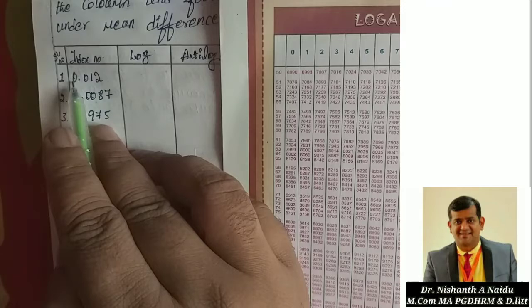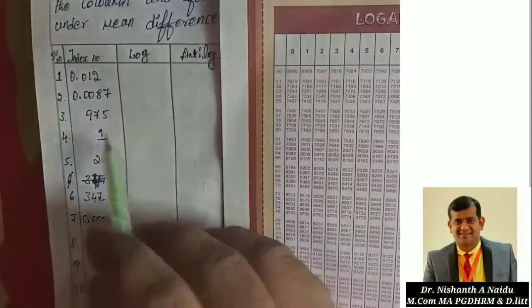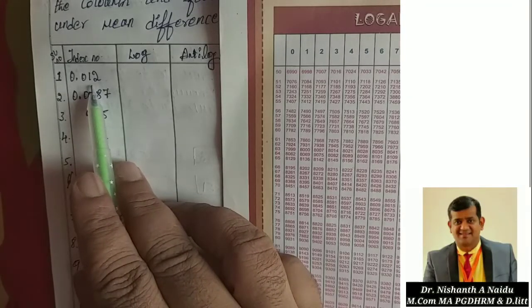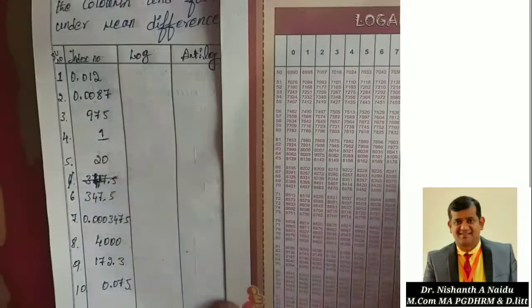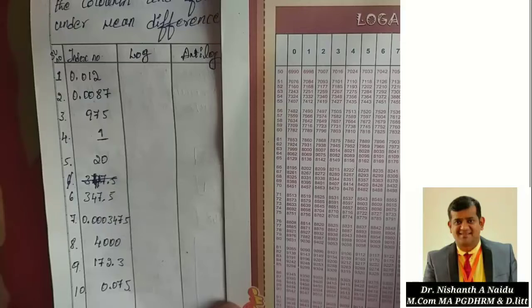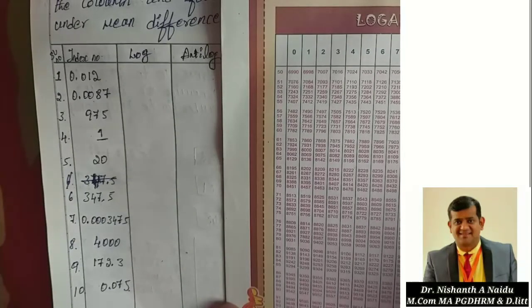In the given number, on which number are you going to identify, because in logarithm you will have 10 to 99, correct? You will have 10 to 99. So in which point are you going to identify here?